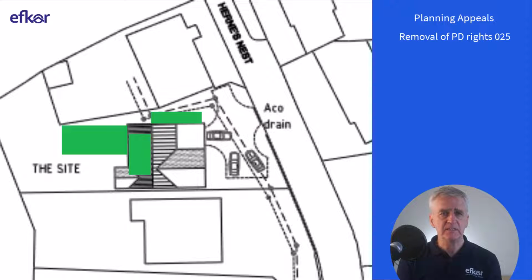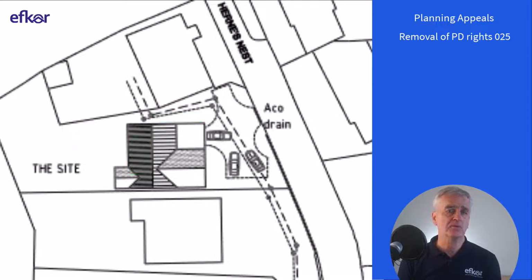Removal of the permitted development rights to protect character and appearance was not justified. The framework requires removal of permitted development rights to be justified, and this has not occurred. In the absence of clear justification, the inspector allowed the appeal.